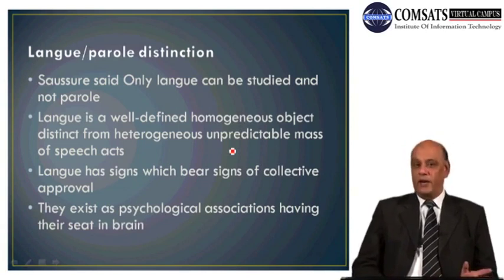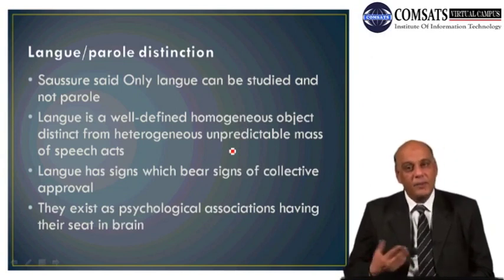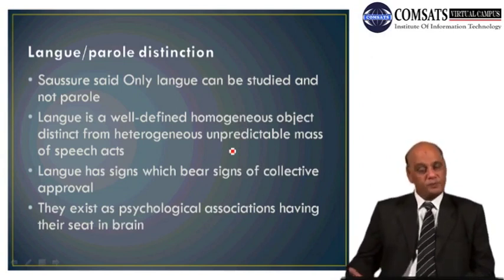The language may vary from individual to individual, so it's difficult to study. But langue, since the rules are the same, can be studied. Langue is a well-defined homogeneous object distinct from the heterogeneous, unpredictable mass of speech. Now, what is the unpredictable mass of speech?